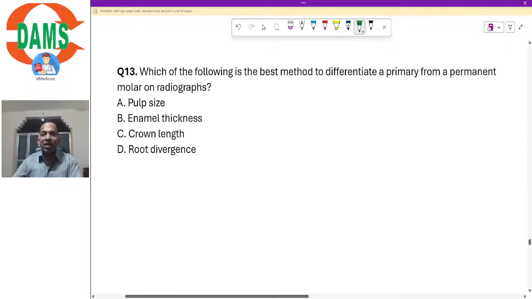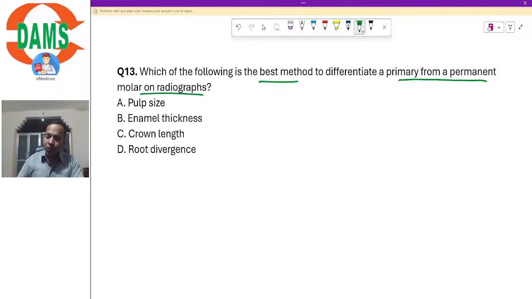Which of the following is the best method to differentiate between a primary and a permanent molar on radiograph? So you are taking a look at these teeth on radiograph. Pulp size would be seen, enamel thickness would be seen, crown length would be seen, and root divergence would be seen. So which of these do you think you would observe most quickly, right?